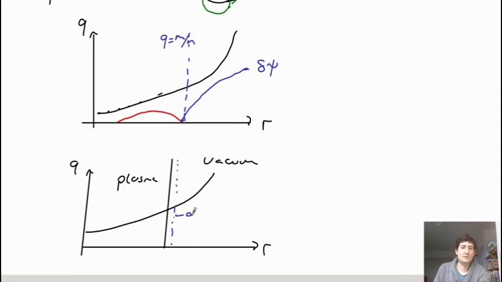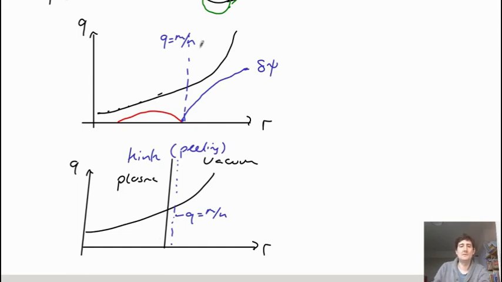So this is q equals m over n. This can happen without driving large current sheets in the plasma, and so kink or peeling modes tend to occur where this q is just slightly outside the edge of the plasma.